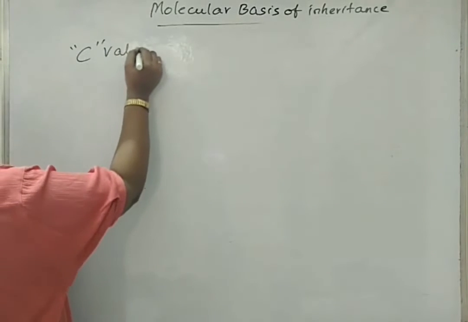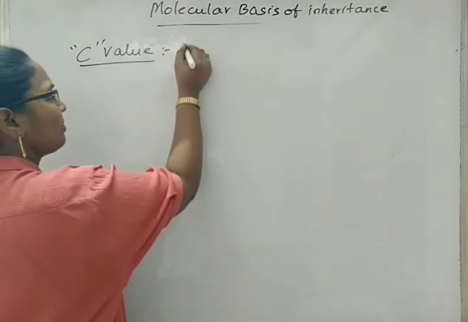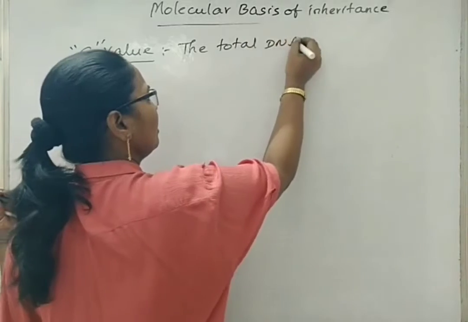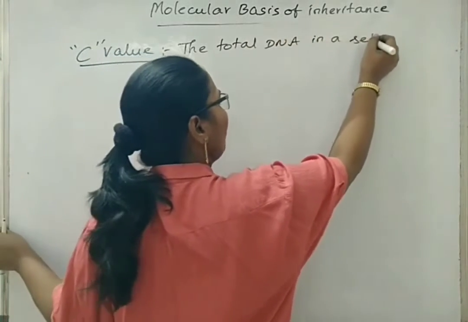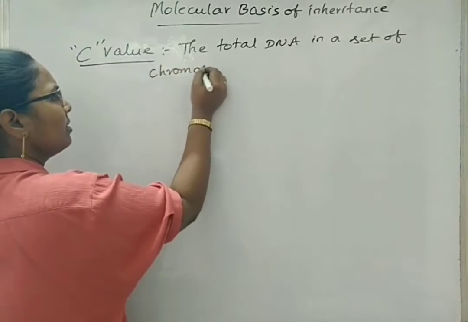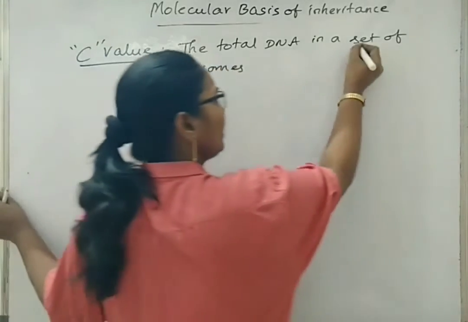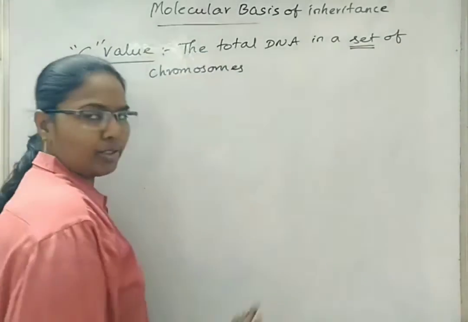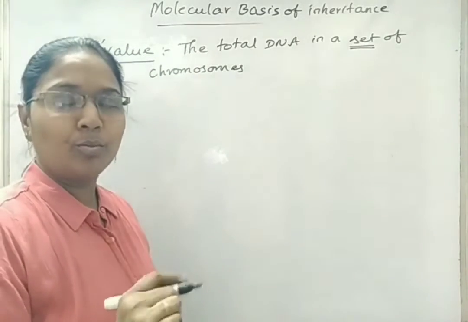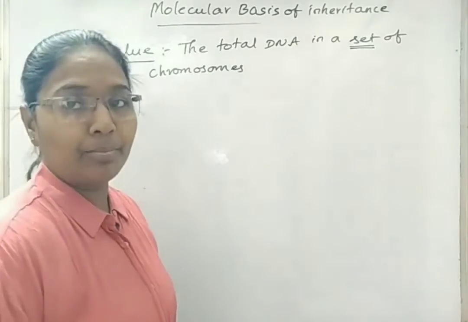C value. It means the total DNA in a set of chromosomes. Here we are using the term set. It doesn't mean that it is always 2 in number. Suppose gametes, their nature is existing with only one set of chromosomes inside them, so we call gametes haploid.